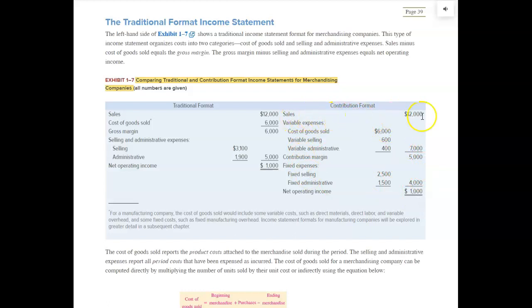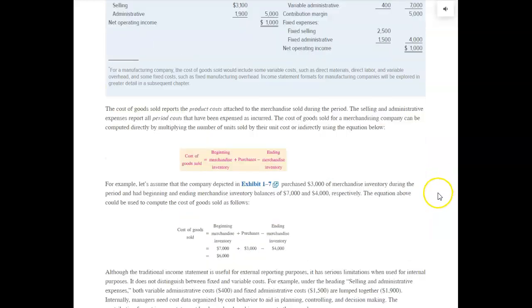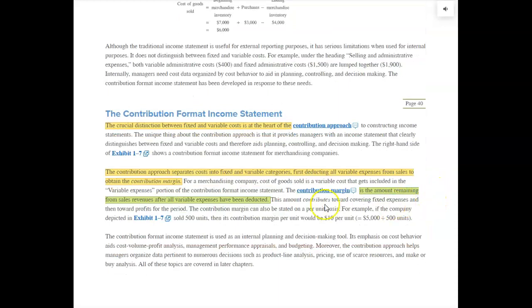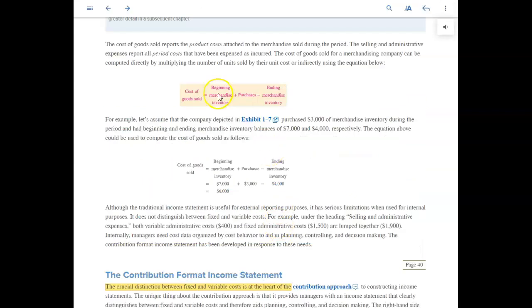Start with your sales, then list all your variable costs, get the total, subtract, get contribution margin, a new term for us, then list your fixed cost, total, subtract, and get net operating income. Again, this is more explanation about it. It shows a distinction between fixed and variable cost. And really that's about it. Let's go to the next page.